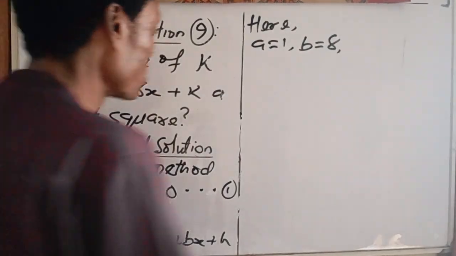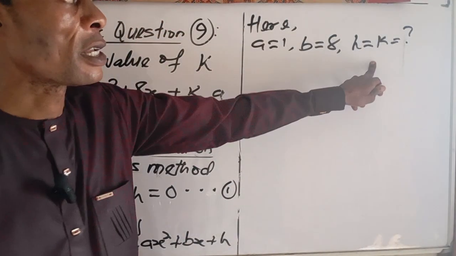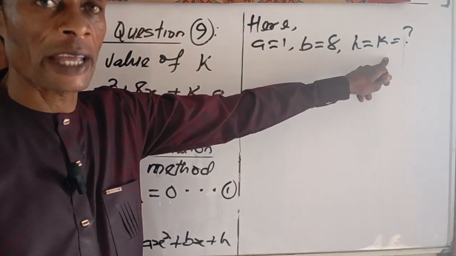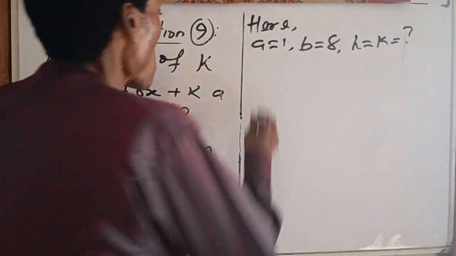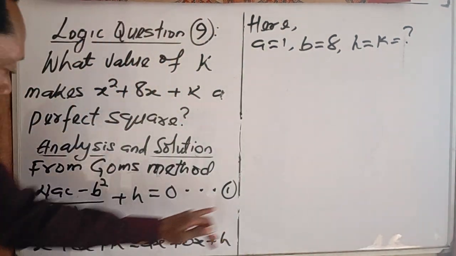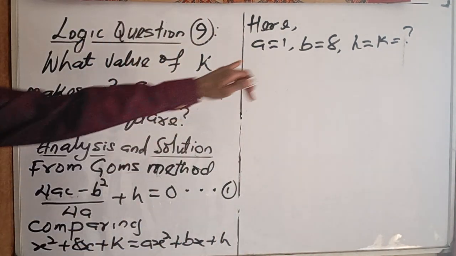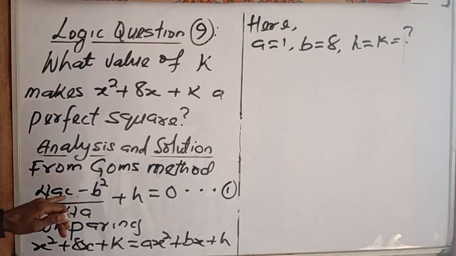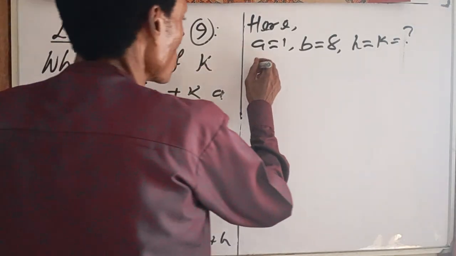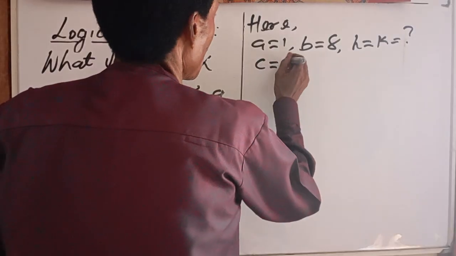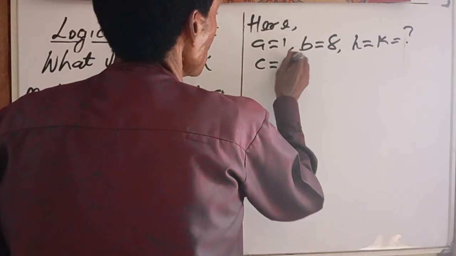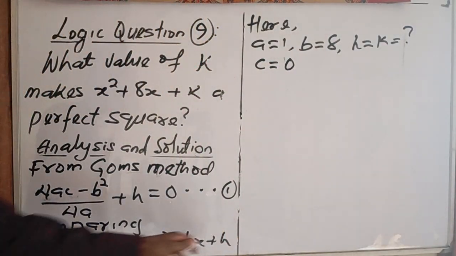Then h equals k, so we don't know the value of h, which represents k. You understand? Now come back to the formula. The value of a is 1. The value of c is not known, so it means that c is 0 because there is no c here.